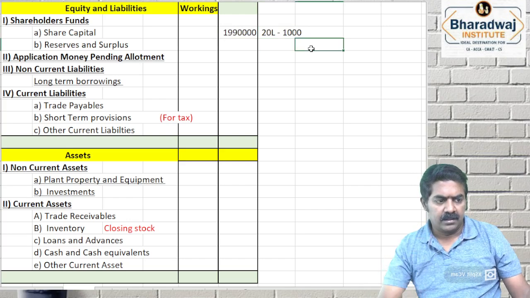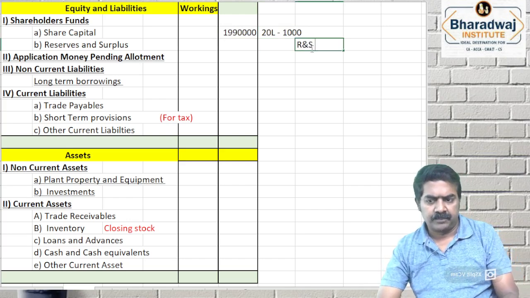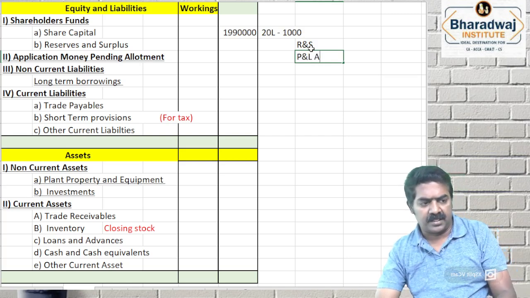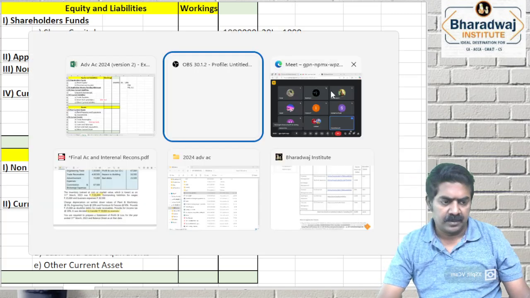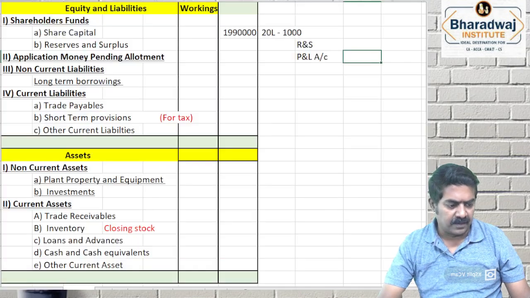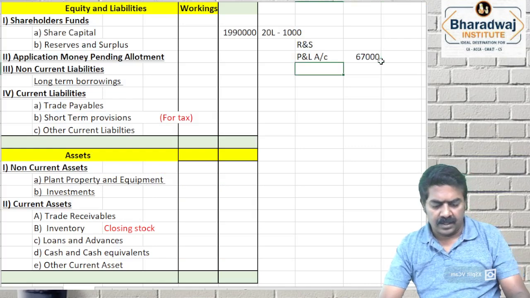Then reserves and surplus. What is the P&L account balance at the beginning given? 67,000 is given. Add net profit.